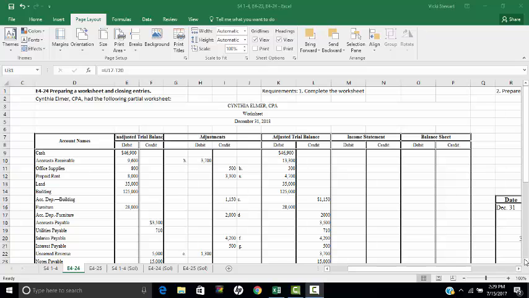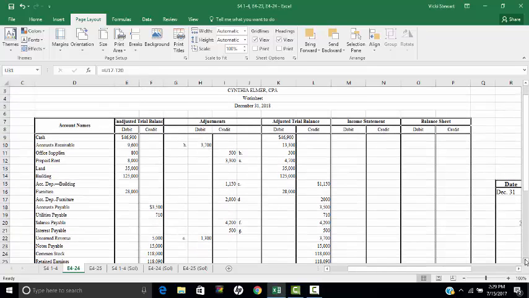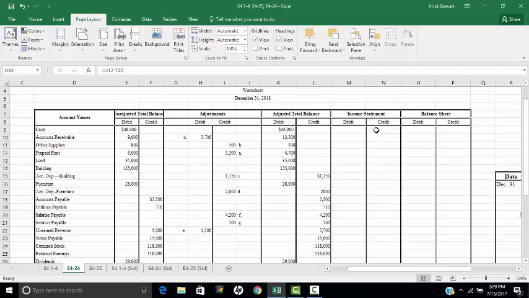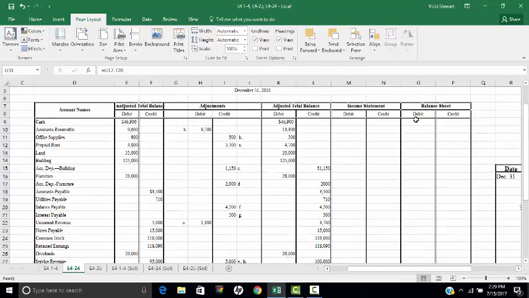In our previous chapter, we learned how to complete the first three sections of the worksheet, and now we're going to learn how to complete the end of the worksheet, which is actually the easier part. Once we have our adjusted trial balance completed, all we have to do is transfer the balances in the adjusted trial balance columns to the income statement and balance sheet columns and put them in the right debit or credit column.